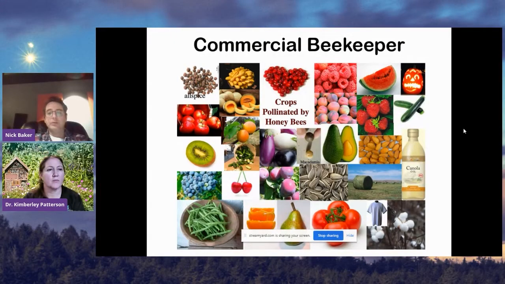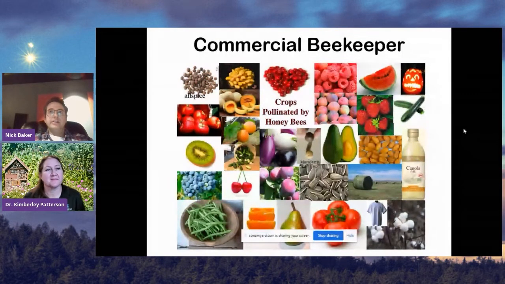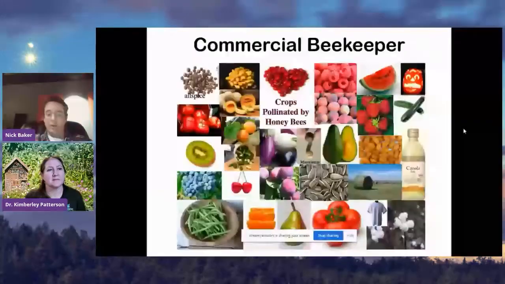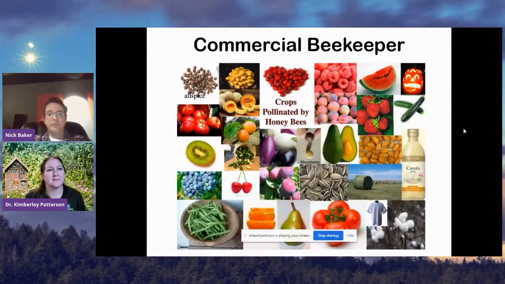Cotton has some very beautiful flowers, but the majority of the nectar source actually comes from little nectaries, which are underneath the stems of the branching parts of the cotton bush. And alfalfa, the stuff we feed horses. Cotton, a few of the farmers I've talked to, they like having bees there because they do feel it does increase the yield of cotton production, which I will err on their side. They would know more than myself.